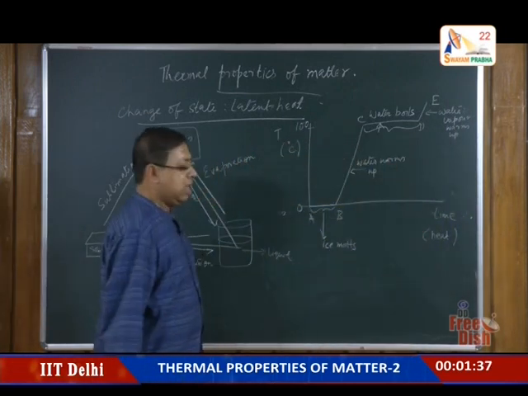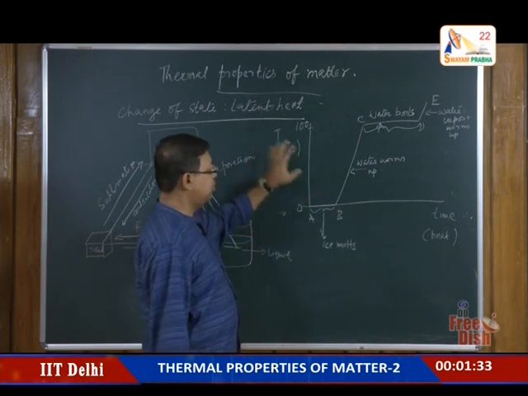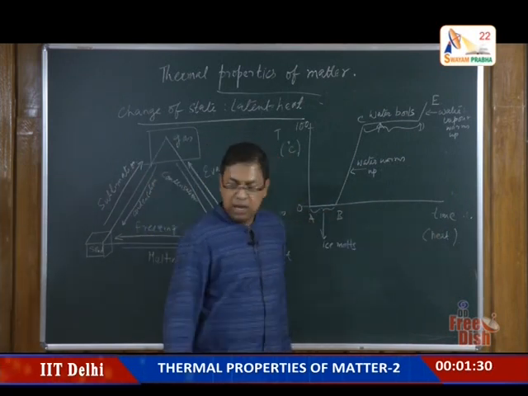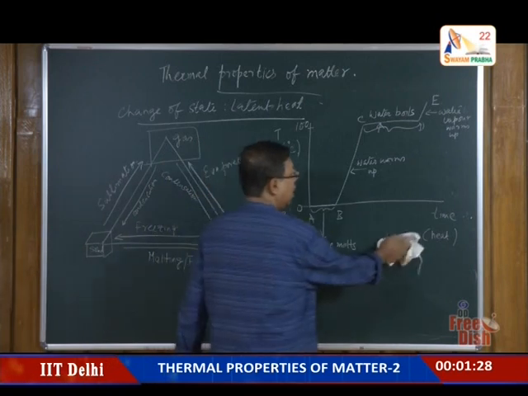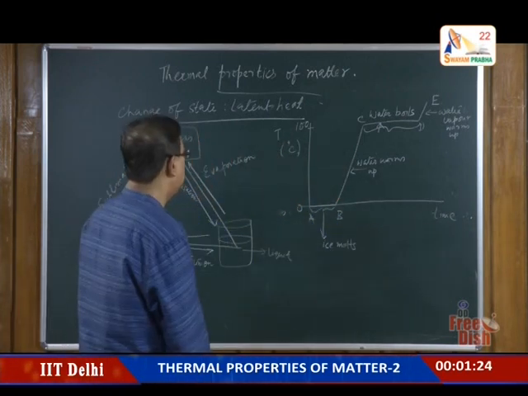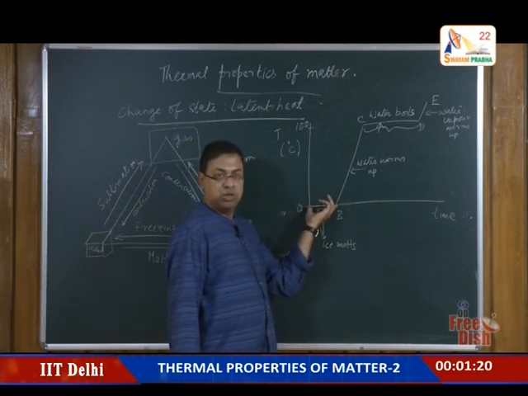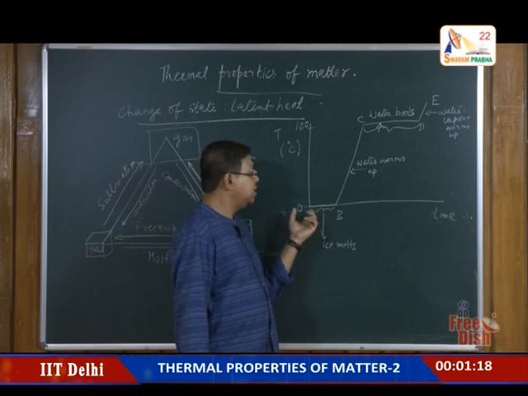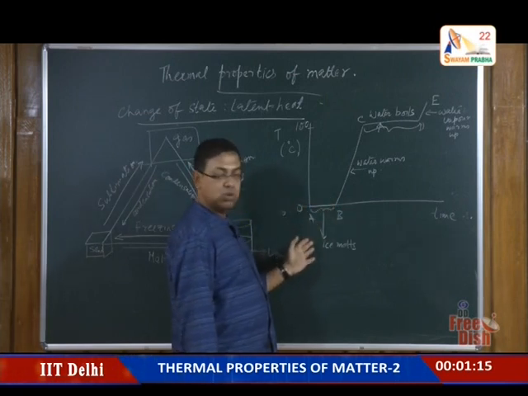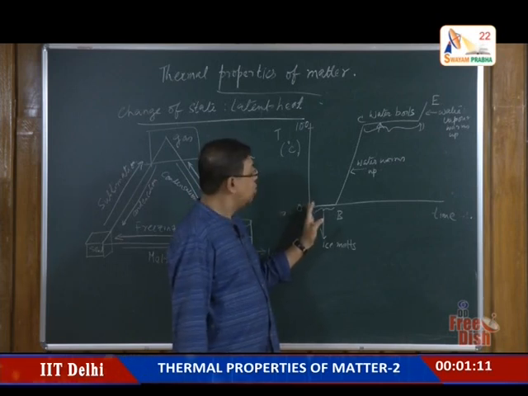Okay. So I hope this figure is clear. We've drawn temperature versus time, time over which this system is subjected to heat. In this part, the temperature does not rise, and the system undergoes a change from a solid to a liquid phase.